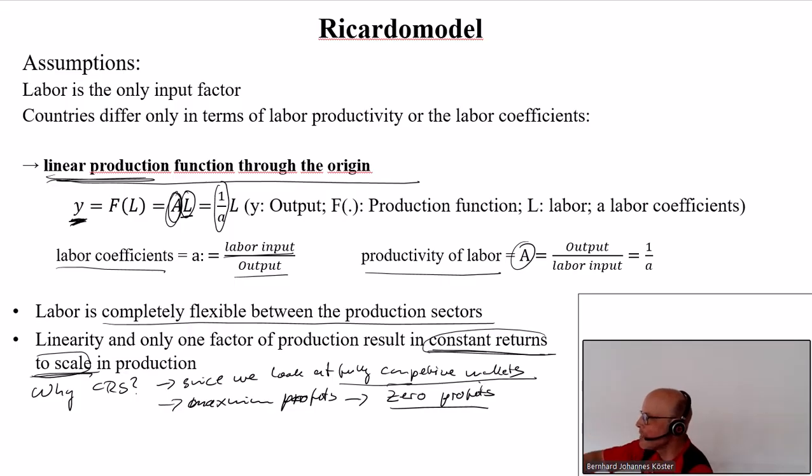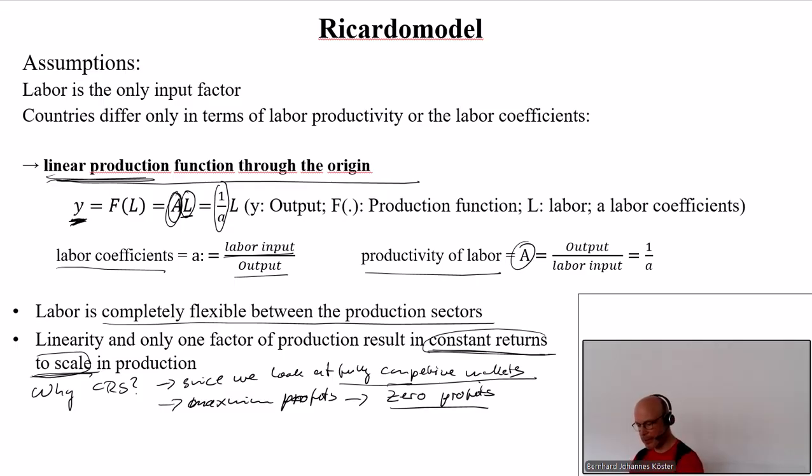So it becomes less and less, and theoretically, in the end, in a fully competitive market, we should have only a very small margin of profits, or theoretically, in the end, zero profits.